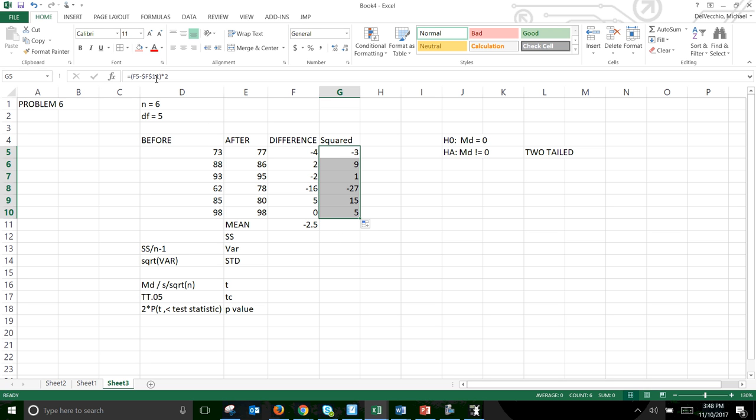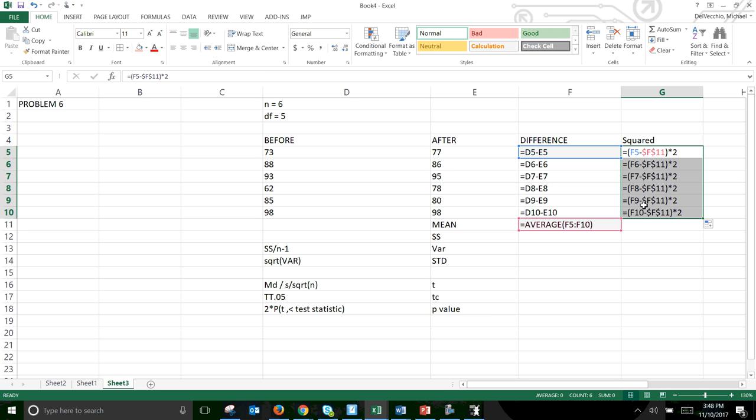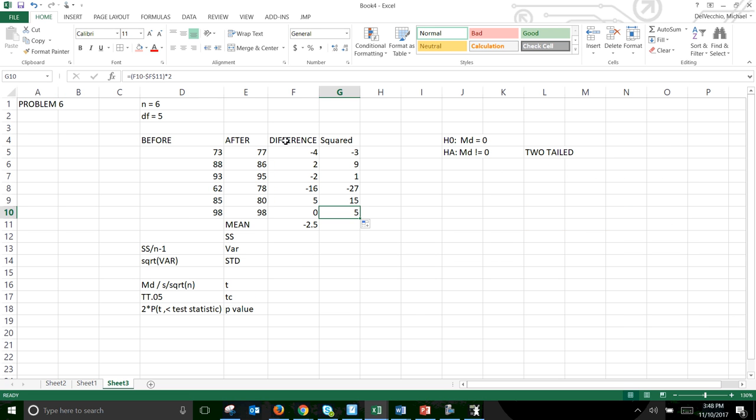Okay, something didn't look right there. Let me see the formula.